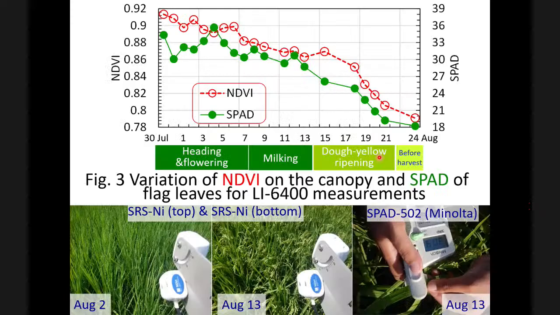Here I show the relationship between NDVI and SPAD. SPAD was measured by this handy instrument, as I show, and NDVI was measured by these sensors. As you can see in this graph, NDVI and SPAD show a very similar pattern.